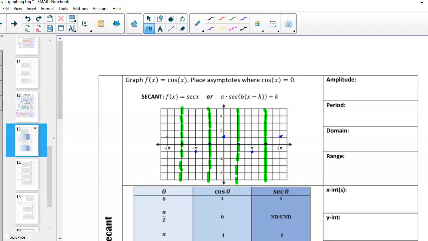Because of the asymptotes, this is going to look a little weird. We're still going towards the asymptotes, but in this case, these are going to be mini parabolas. Whoa, I did that one wrong.